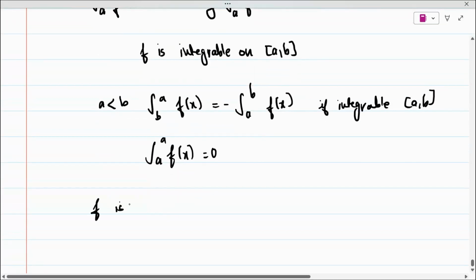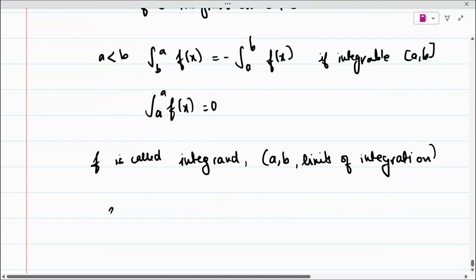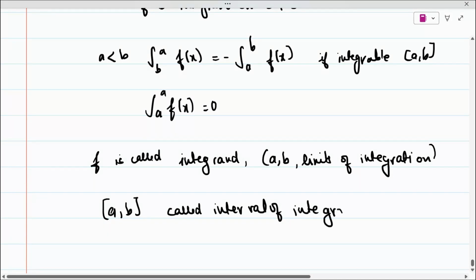This we could call the integral from a to b, with limits of integration. And this is called the integral, or integration.